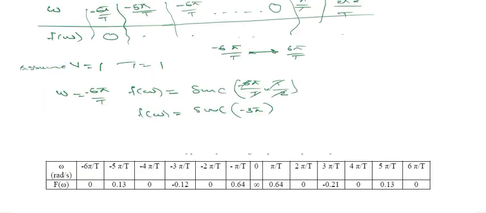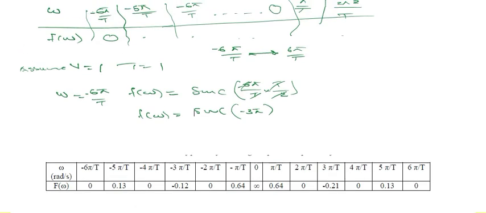Here I've already taken my own ranges, so you can go and do yours. So these are my f of omega when omega is minus 6 pi over t up to 6 pi over t. You can start from minus 3 pi over t to 3 pi over t. I recommend you take a range that is at least 3.